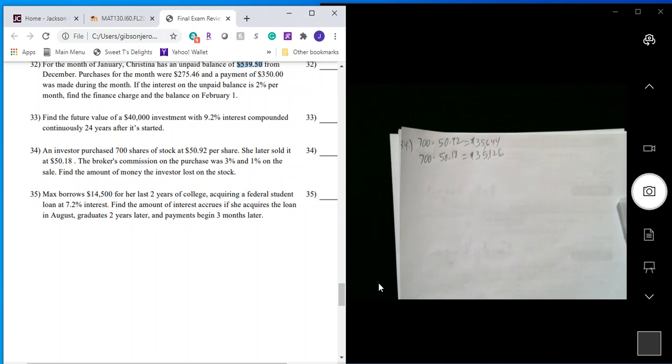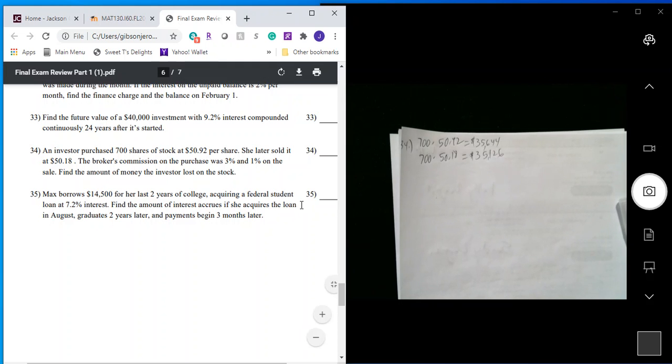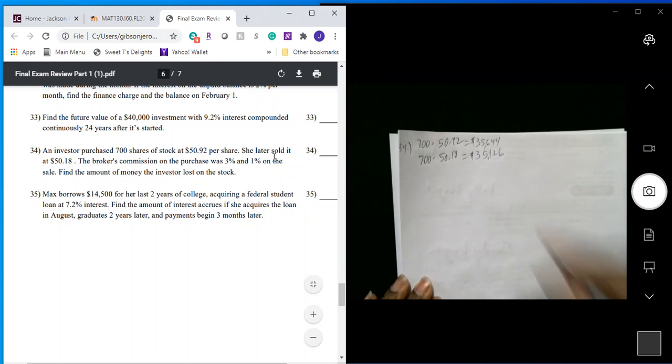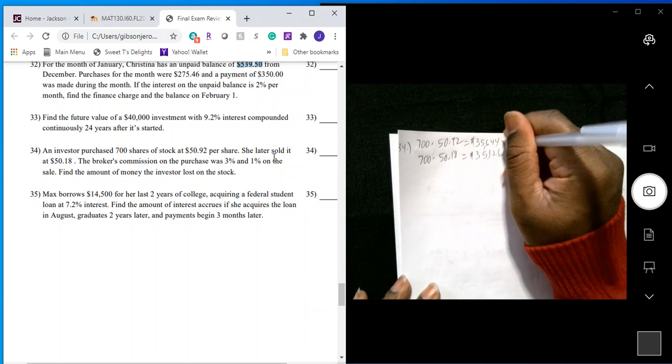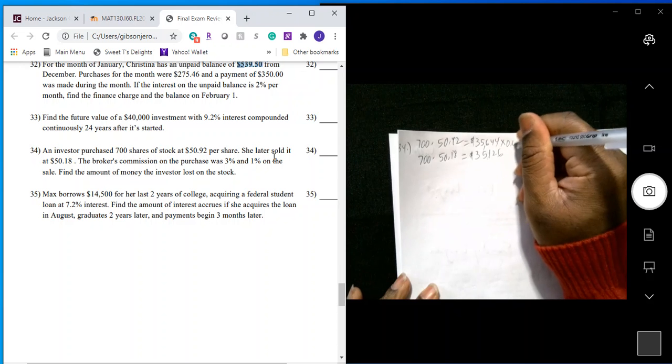Now, we have something else that we have to do here. It tells us that on the purchase, she had to pay a 3% commission, and then on the sale, it was a 1% on the sale. Okay, so with that 3% commission here, that means that's going to add on to how much we've already paid. So we can multiply this by 0.03.